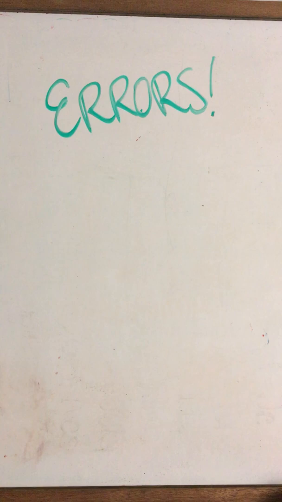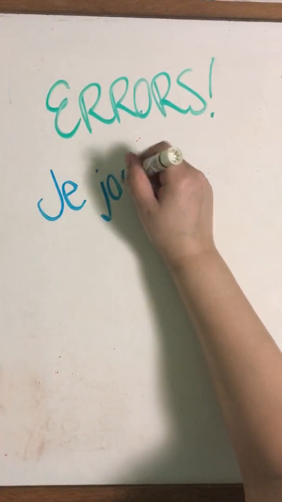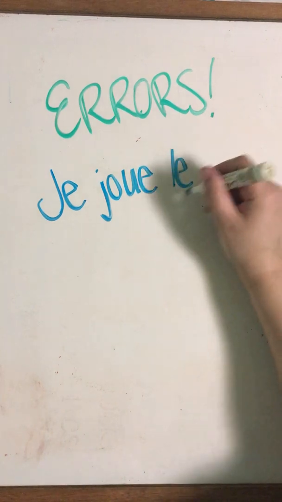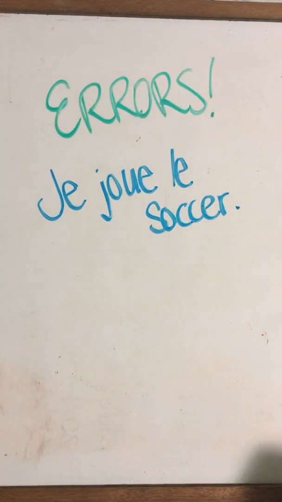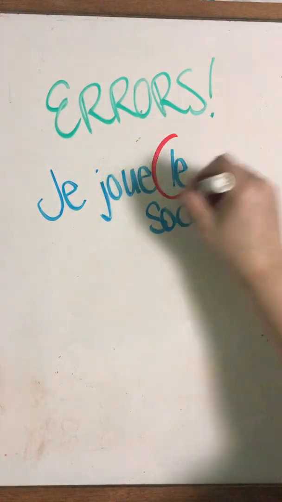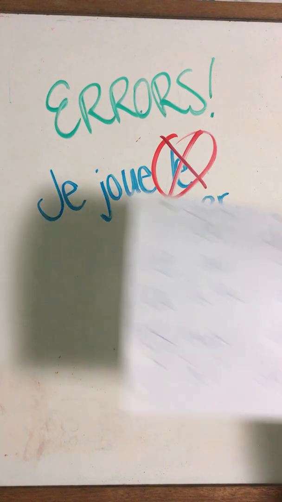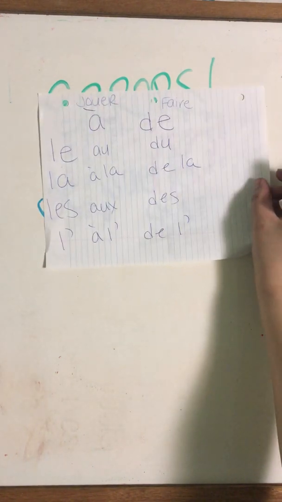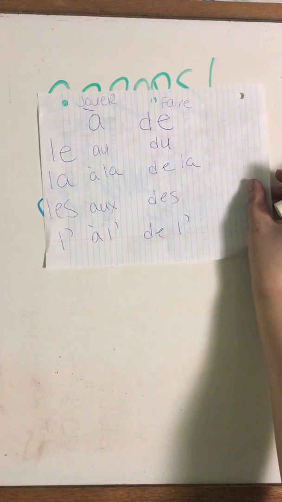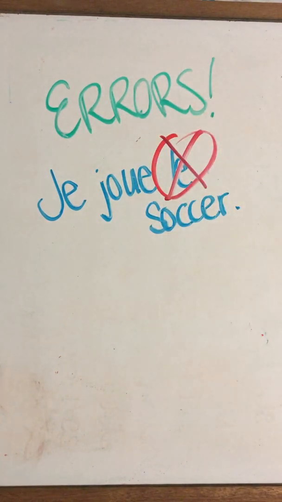Errors. The most common one I see so far. No. Do not forget to find this chart either on page 15 or on the back of your vocab sheet. Okay, that's very important. You're replacing the le, la, les. Okay, so that's wrong.